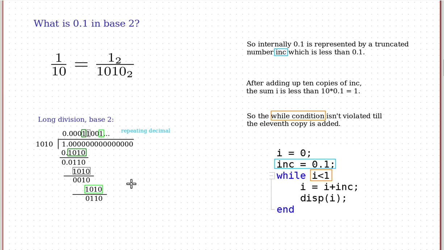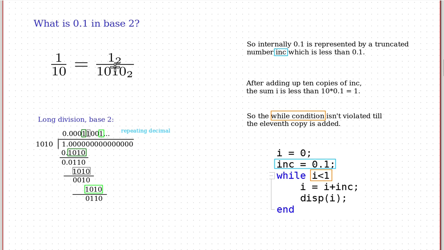And you'll notice that at this point we've got just a 1 here in the remainder, and so it's going to start repeating because we're just doing the same thing over again, right? We've got the same divisor into basically the same dividend 1, right? And so we're going to start repeating.